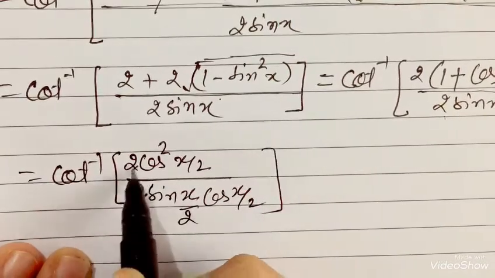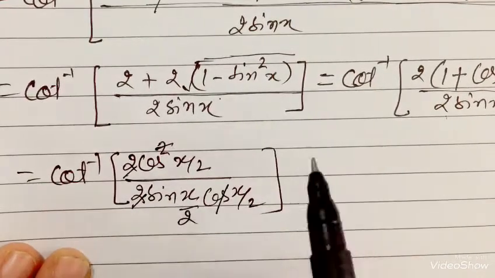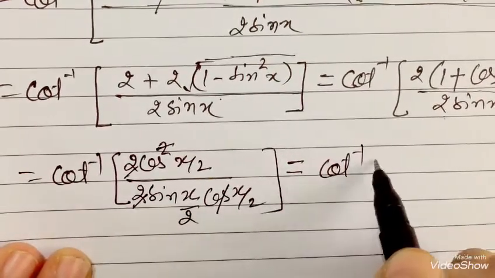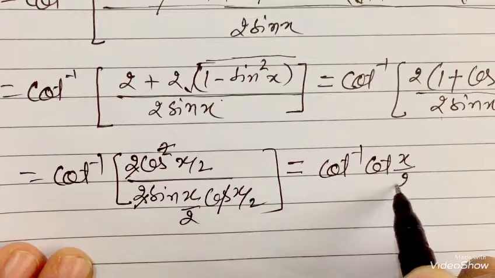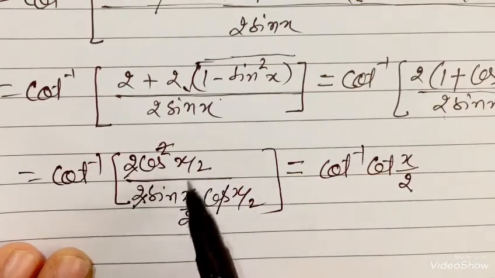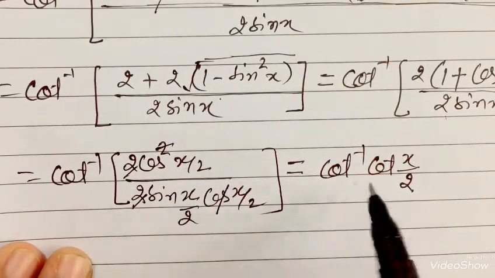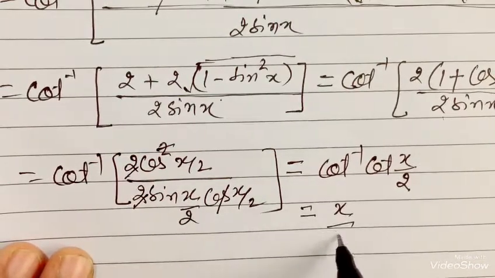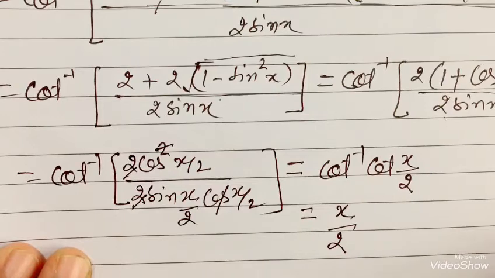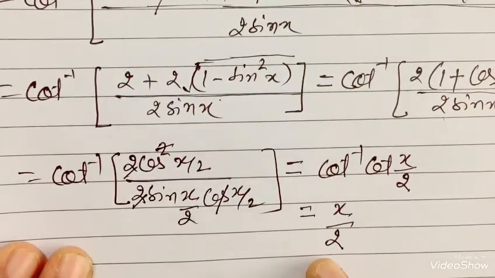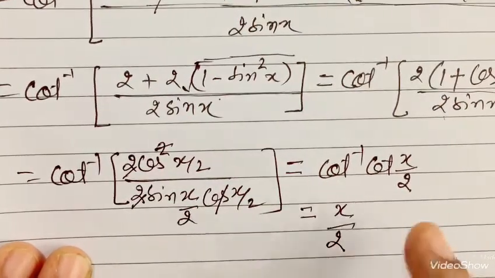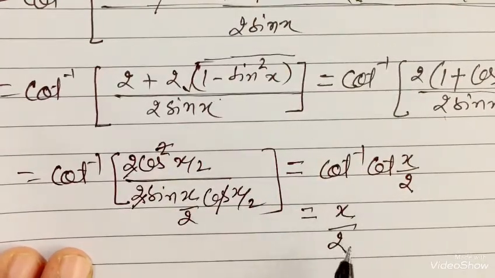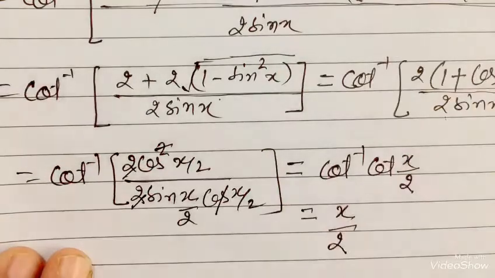So 2 will cancel and one cos x by 2 will cancel, and we will get cot inverse cot x by 2, that is cos x by 2 upon sin x by 2. Cot inverse cot x by 2 gives only x by 2. Students, here it is given in the question that x belongs to 0 to pi, so x by 2 is also in the first quadrant.